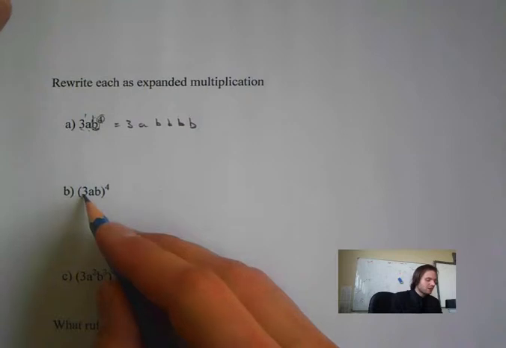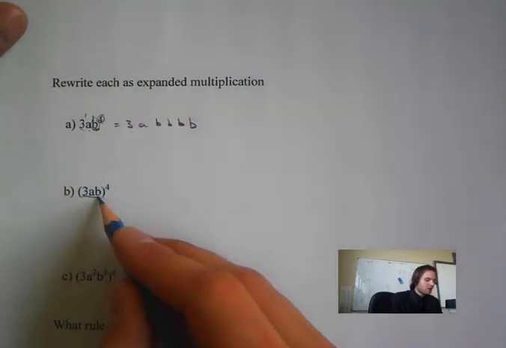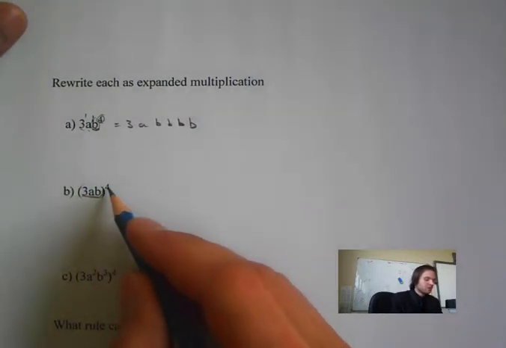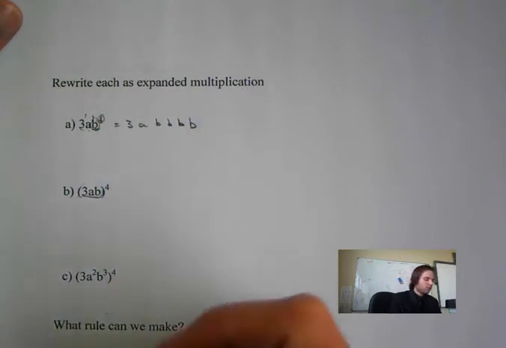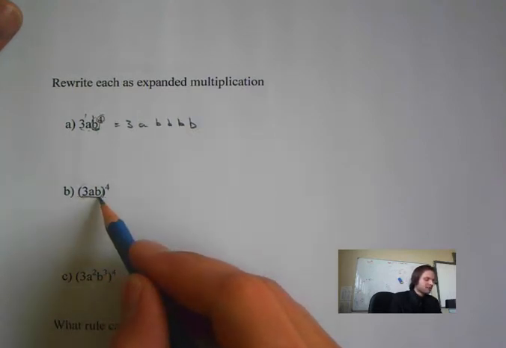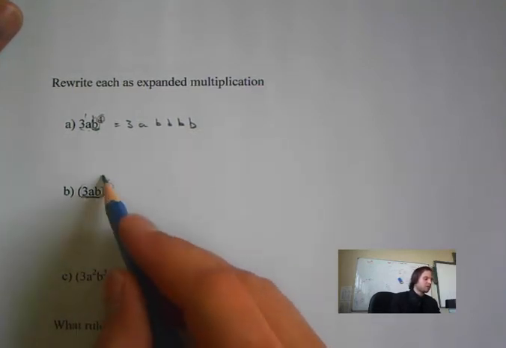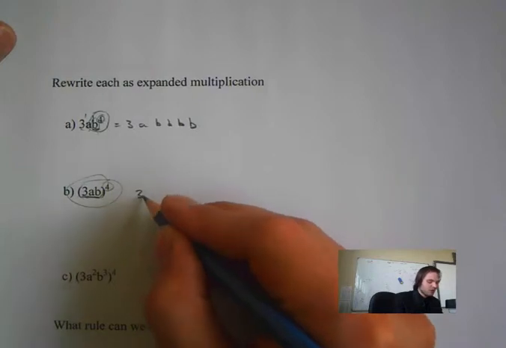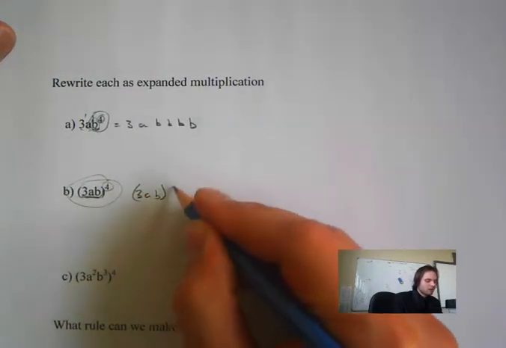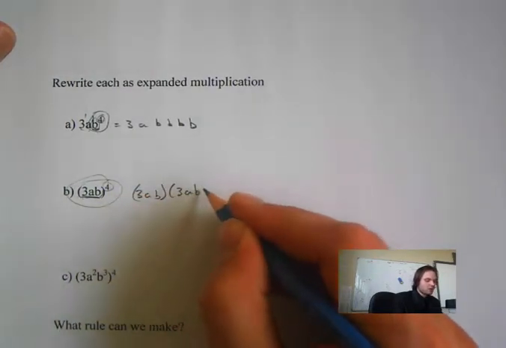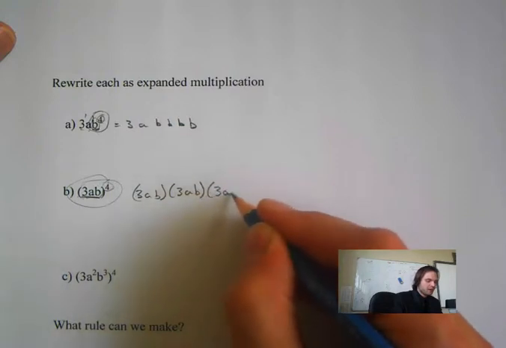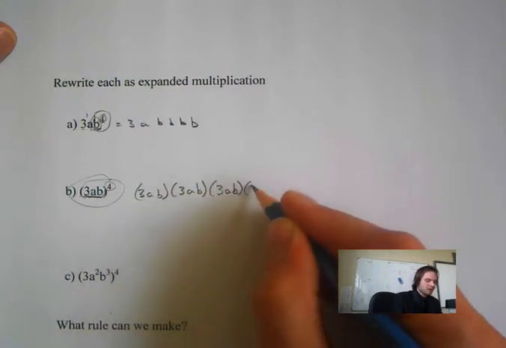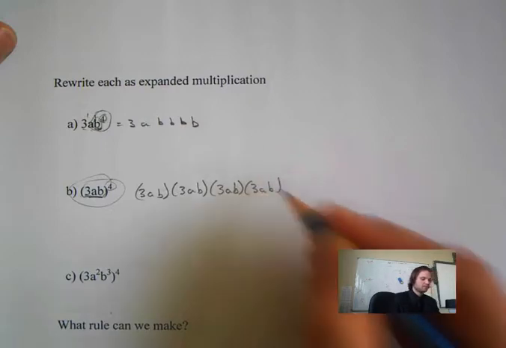Let's take a look at the next one here. If I look at this here, here's my bracket, so that means all of this must be to the exponent 4. So all of this here is the base, this is my exponent, and this whole thing is the power. Whereas before, question above, only that was the power. So this will give me 3AB multiplied by 3AB multiplied by 3AB multiplied by 3AB.